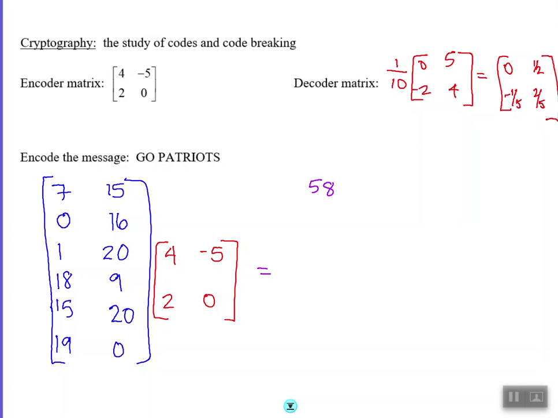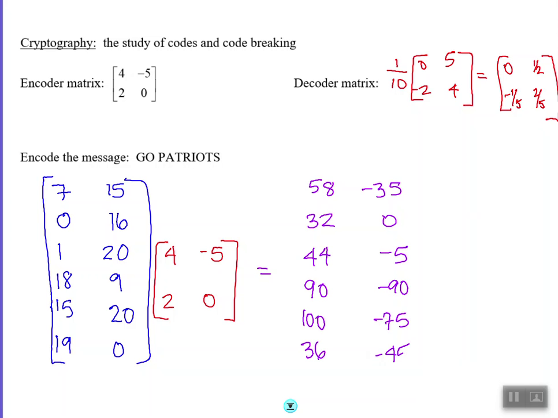And we're going to go ahead and do that for the rest of the matrix. So when we multiply our matrices together, this is what we get. So that would be the secret code that I would send to you.